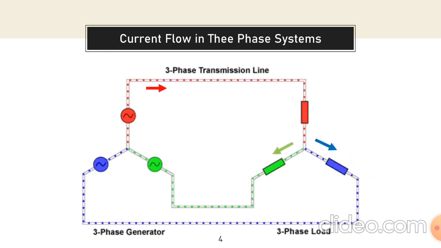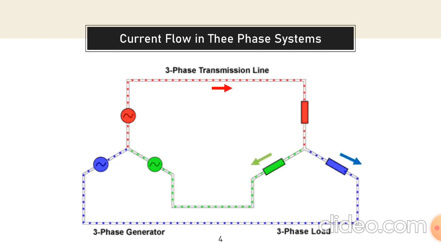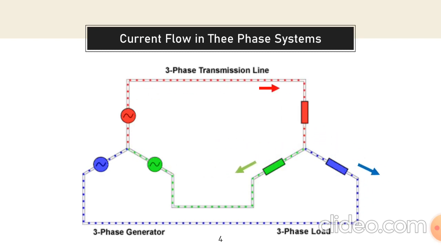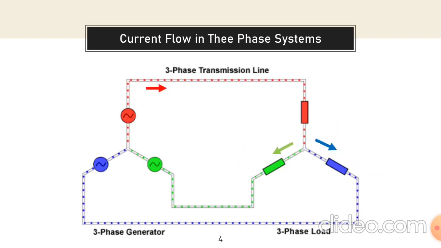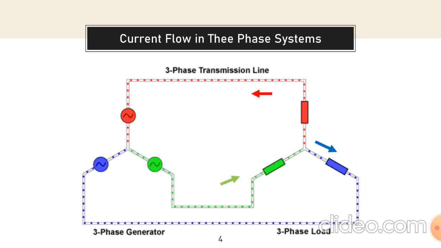At any time, one of the phases will be taking the current in, the other two phases will be leaving the current, and after some time the current may be entering through two phases, and the total current will be leaving through one phase. This is the current flow in a three-phase system. Now we can see the current is entering through yellow phase and leaving through red phase and blue phase.